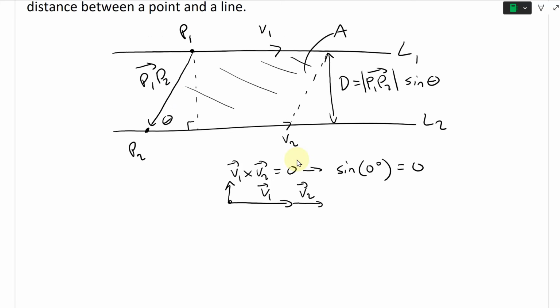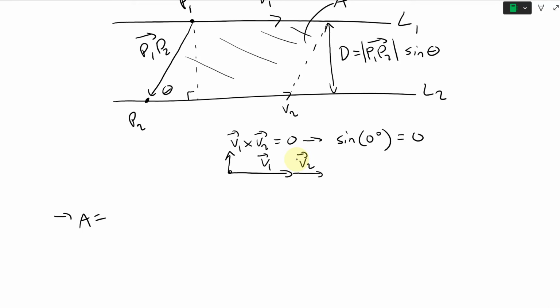That's the area. So in other words, the area is equal to the magnitude of the cross product of the P1P2 vector with the direction vector V2, and that's the area of the parallelogram.